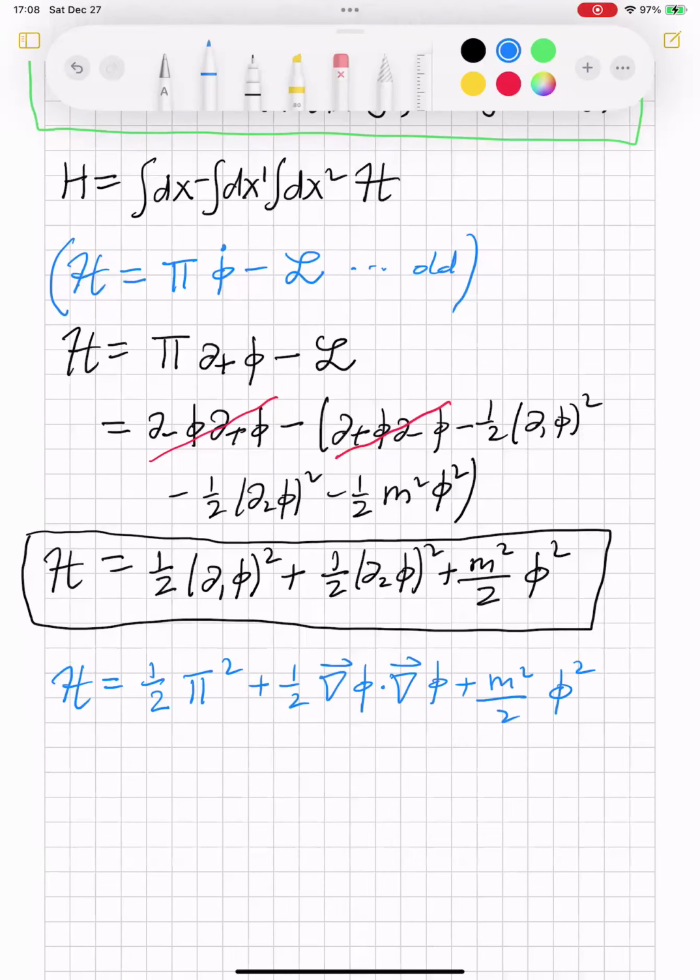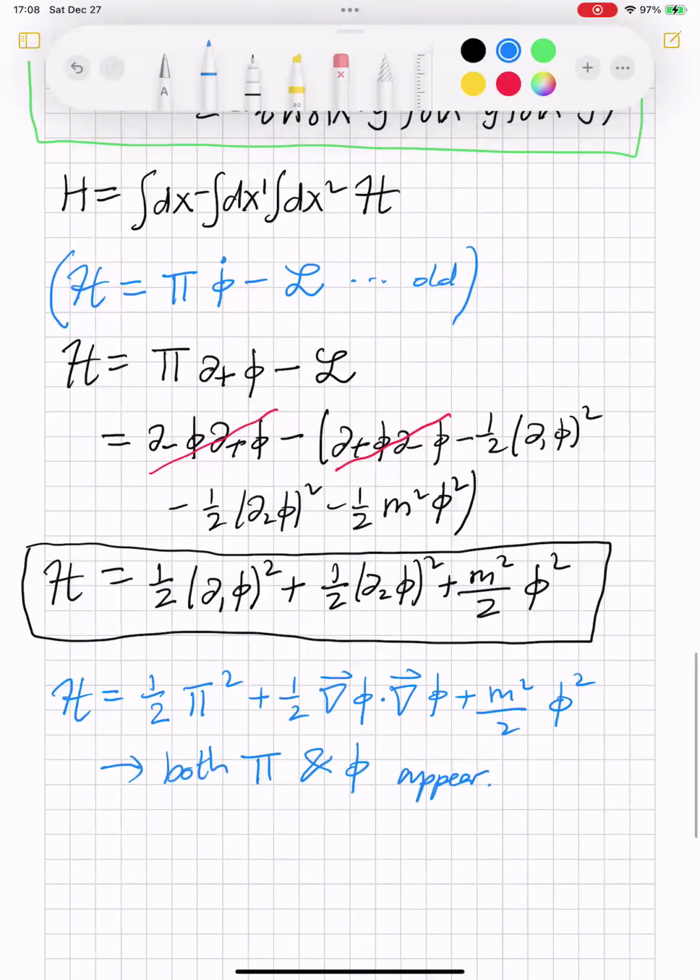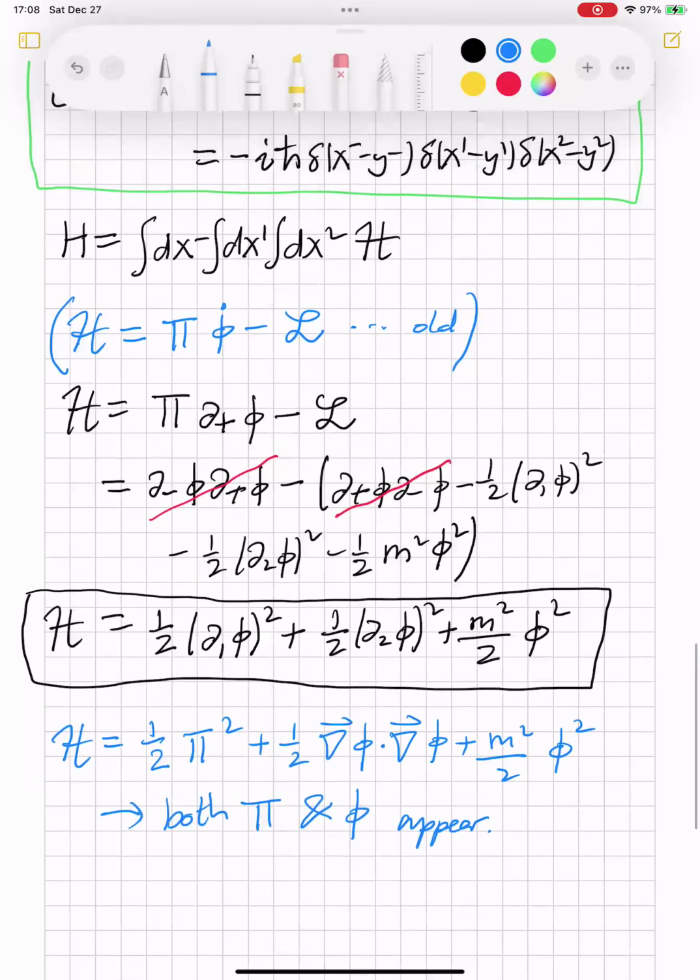And what you notice is, this is an important thing, you notice that both pi and phi appear. Look at the expression that we've got in the black box. Pi doesn't appear. So you can see this light front quantization really looks genuinely different to an equal time quantization.